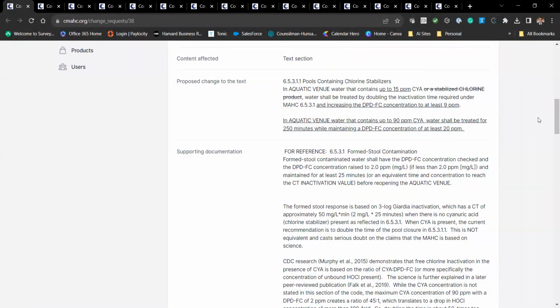Water shall be treated by doubling the inactivation time required by MAC and increase the DPD FC free chlorine concentration to at least 9 parts per million. And then also add in aquatic venue water that contains up to 90 parts per million cyanuric acid. Water shall be treated for 250 minutes while maintaining free chlorine concentration of at least 20 parts per million. So I think I like the clear direction. So I'm good with this.